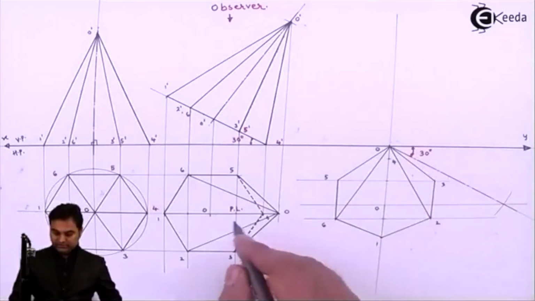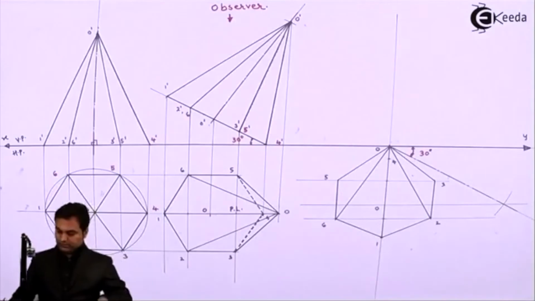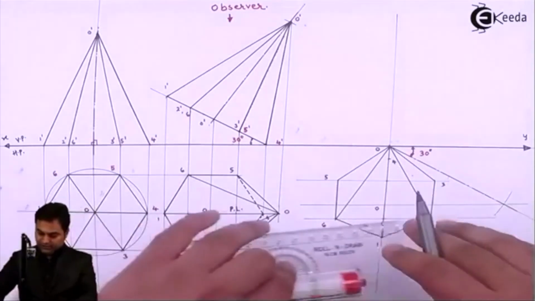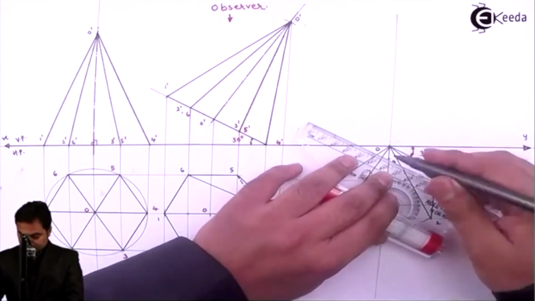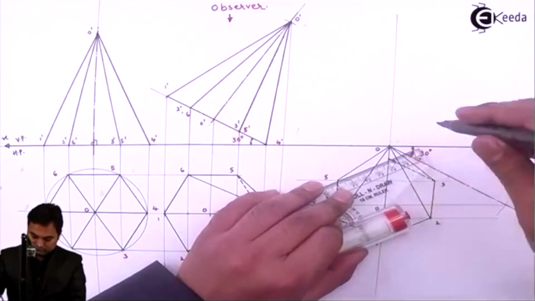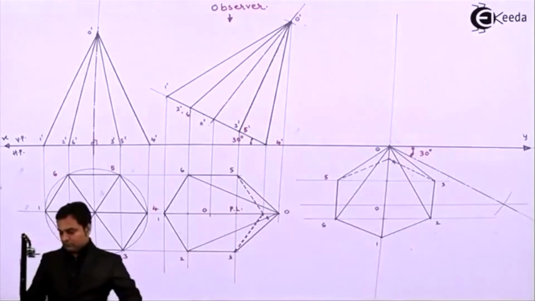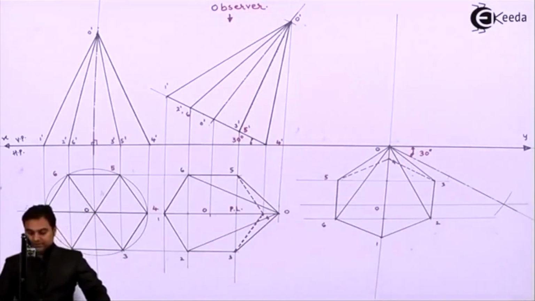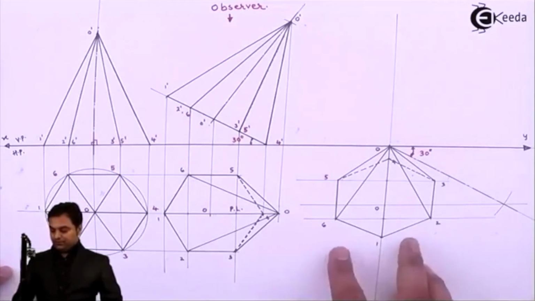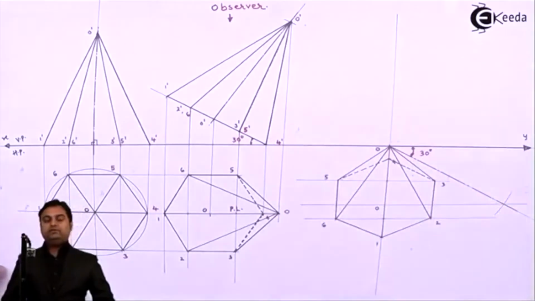Next, O to 1 is a dark line. Then 3 to 4 and 4 to 5 connected with dotted line. So now this is the pyramid, and here it is tilted in such a way that the edges, now when I am going to project it, they will be equally inclined to HP.